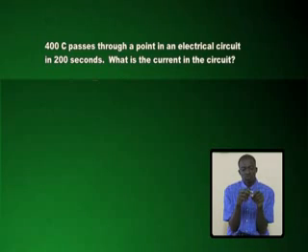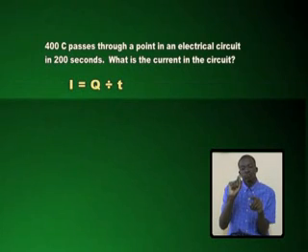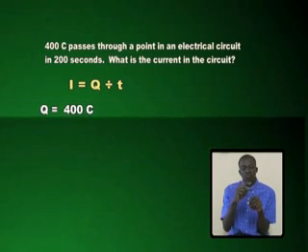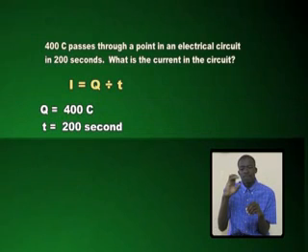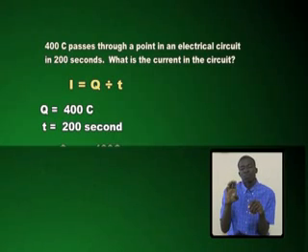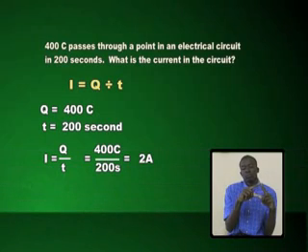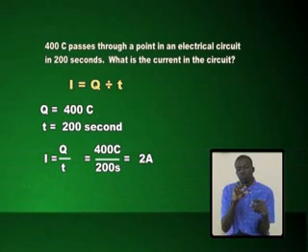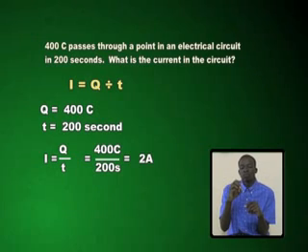Let's apply our formula, which is I equals Q divided by T. We said that the value of Q is equal to 400 coulomb and that time is 200 seconds. When we substitute the values in the formula, we have 400 coulomb divided by 200 seconds and we get a current strength of 2 ampere.